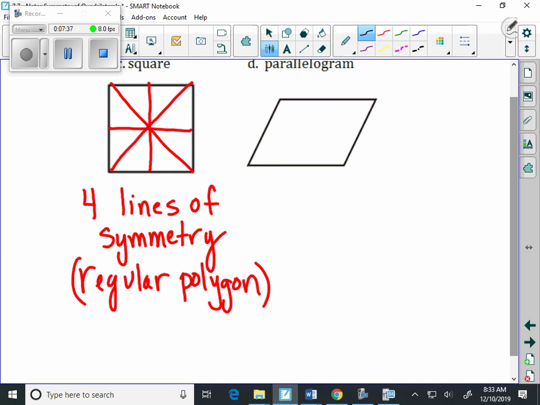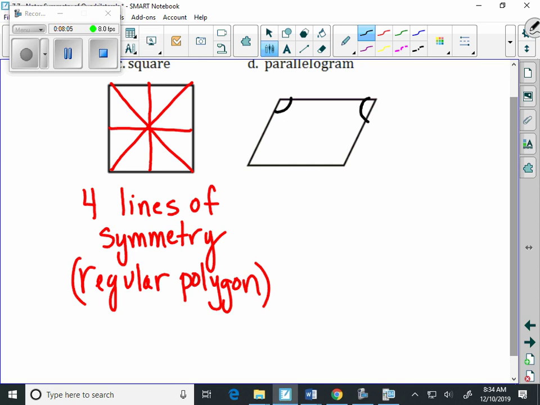But our last figure here is the parallelogram. Again, we need to be really careful with angles. Opposite angles are congruent, but adjacent angles, which are side-by-side angles, are supplementary. So we can't draw a vertical line in there or a horizontal line and get symmetry.